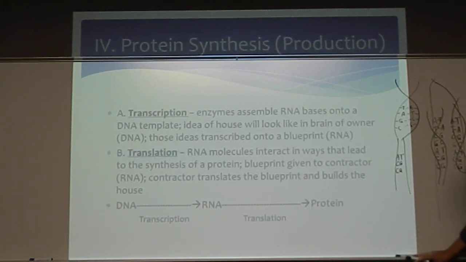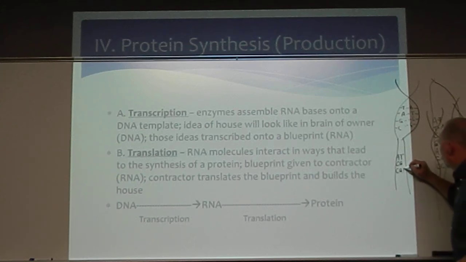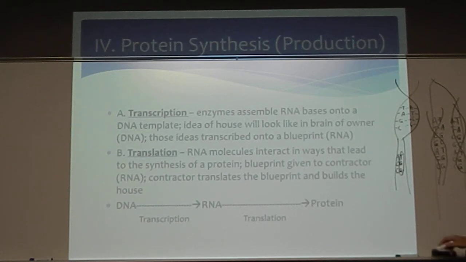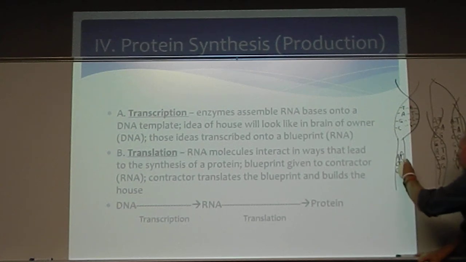All right. So now the information that tells us what protein is going to be made is now the opposite of what's on DNA, right? But that information is transcribed onto the RNA molecule.